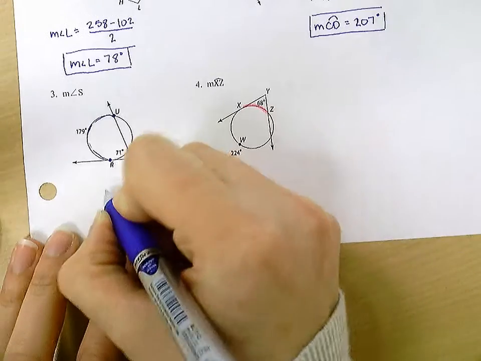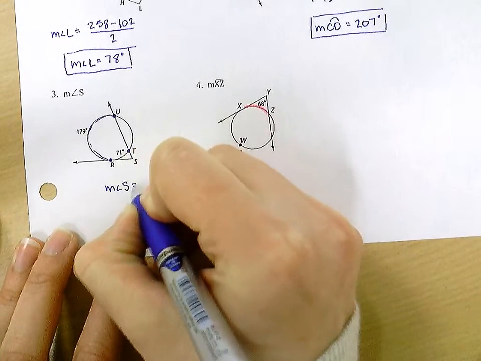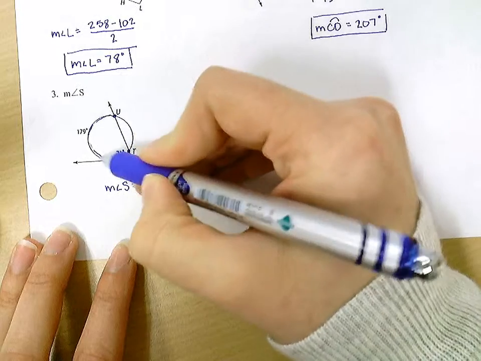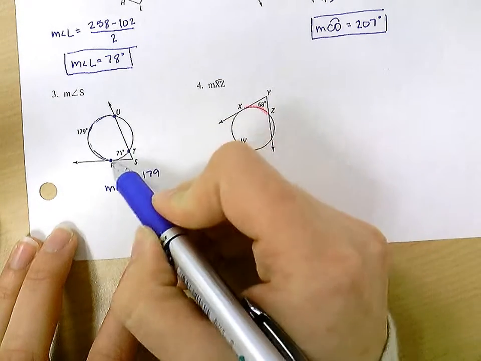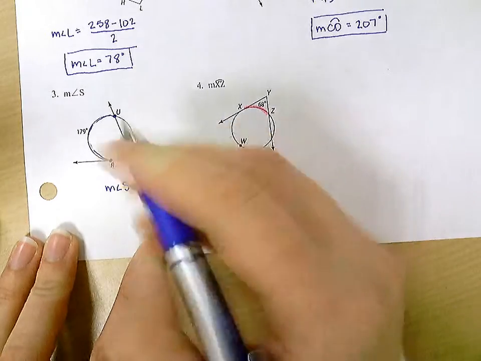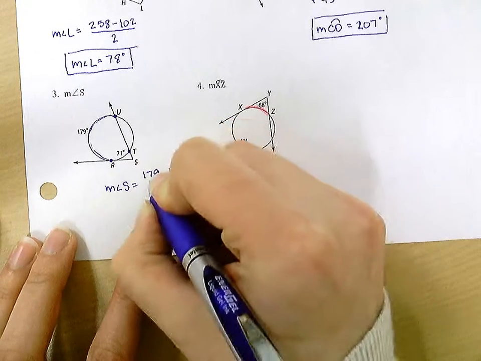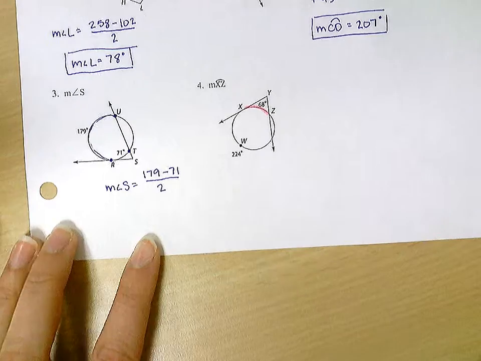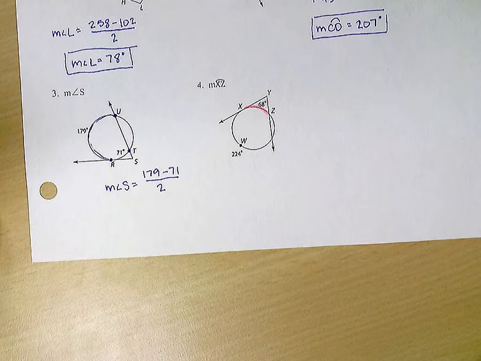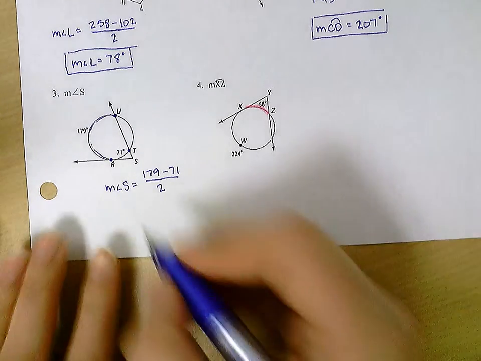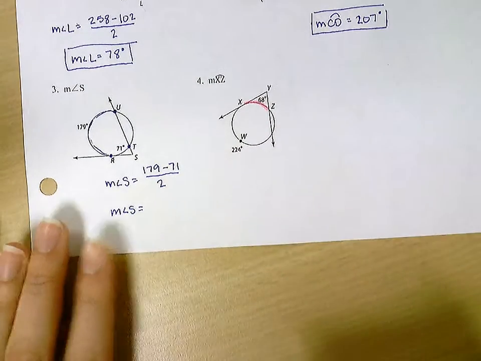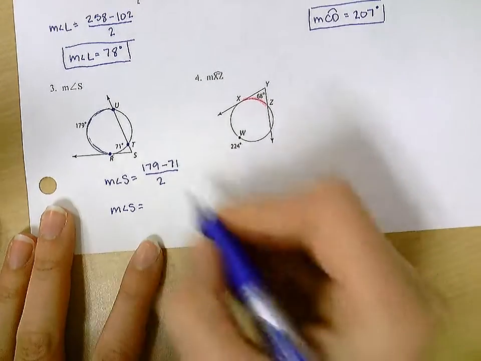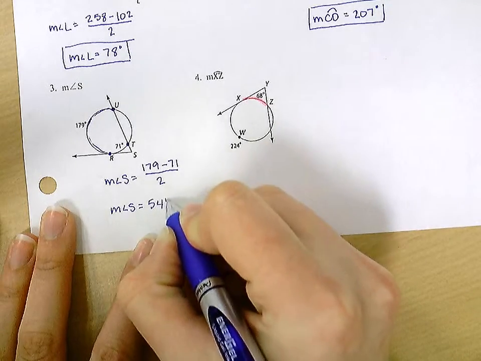So what I need to do to find the measure of angle S is take my larger intercepted arc, which is 179, subtract my smaller intercepted arc, 71, and divide it by 2. Okay, that will give me the measure of angle S is 54 degrees.